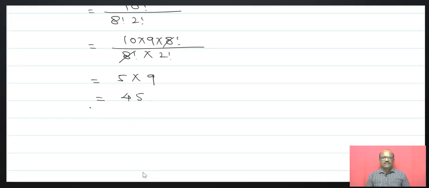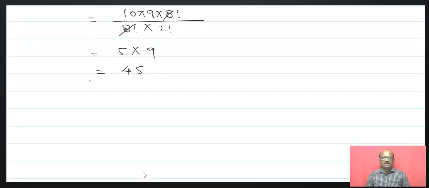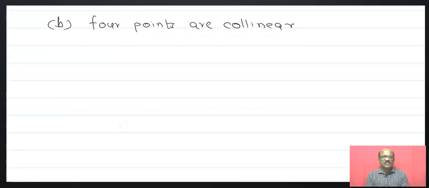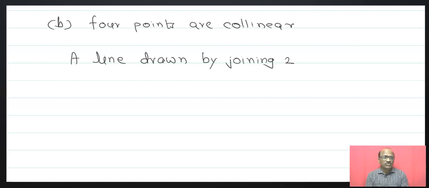Now next is part B. 4 points are collinear. Now this is an interesting example. Out of the 10 points, 4 are collinear. Therefore, we will find first 10C2, then minus 4C2, and add 1 for the 4 collinear points.